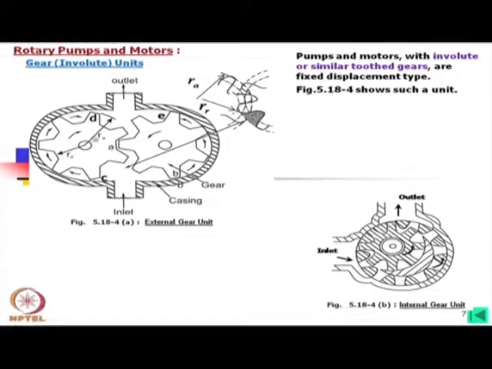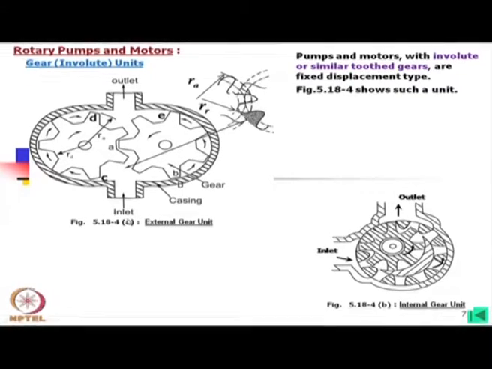Whereas if I consider this area A, D and E, this is contraction, so compression will be there. Here there is expansion, here compression. So, for the pump, definitely this is the suction and this is the delivery.